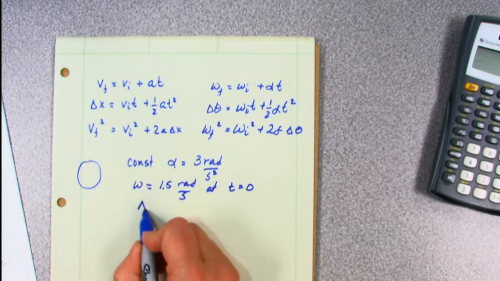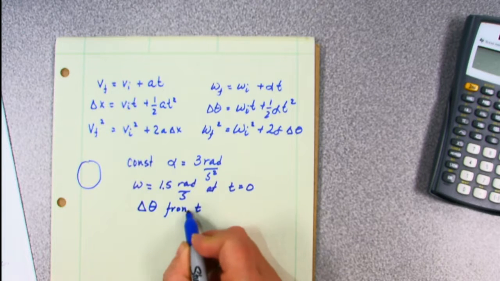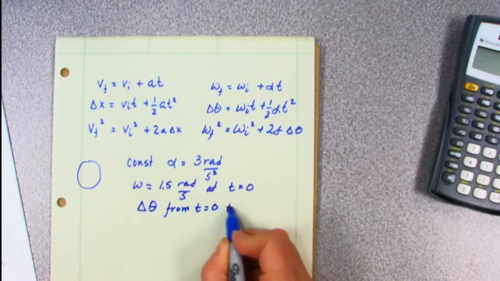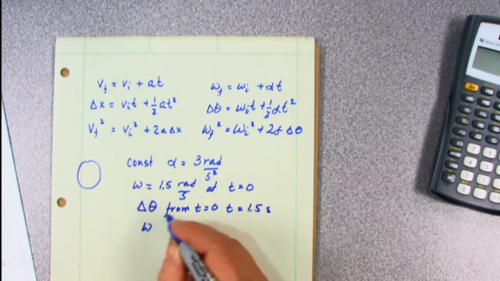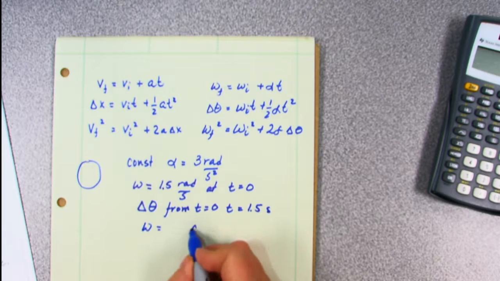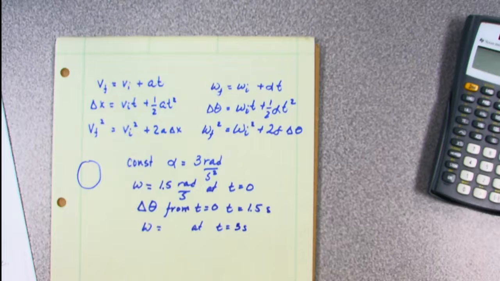We want to find the change in angle from t equals 0 to t equals 1.5 seconds. We want to find the angular velocity at t equal 3 seconds.